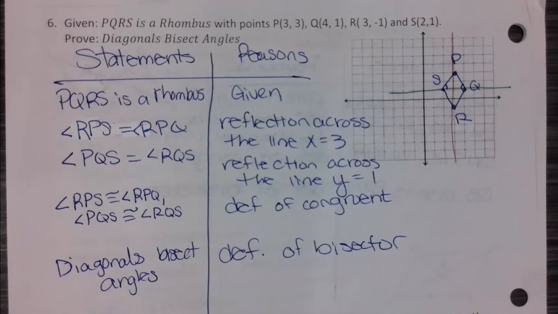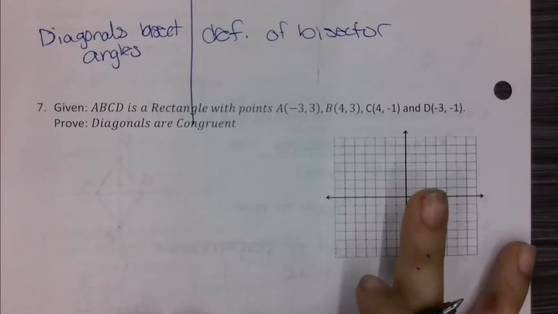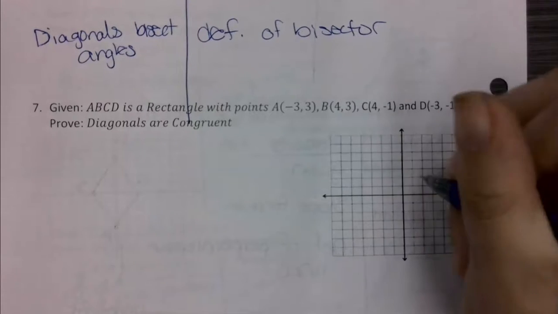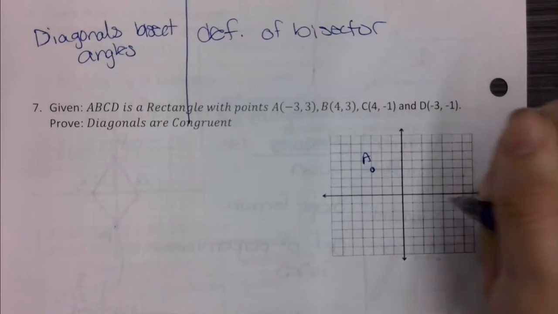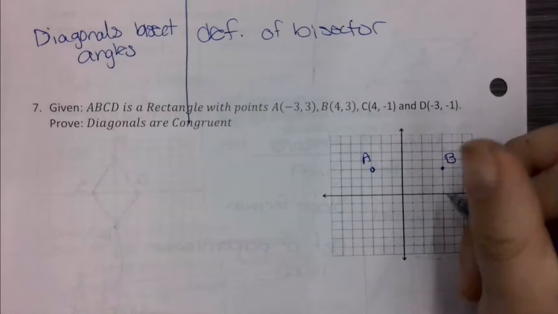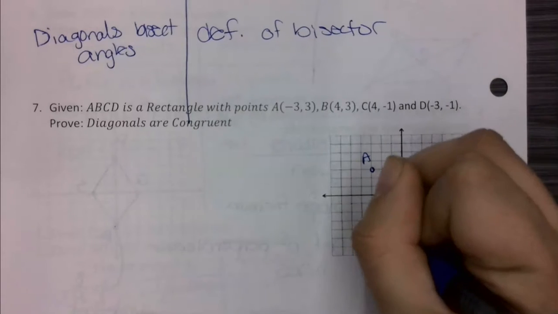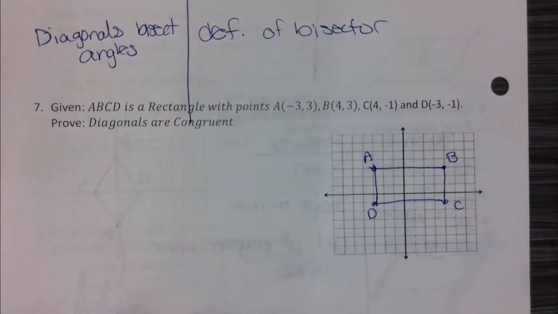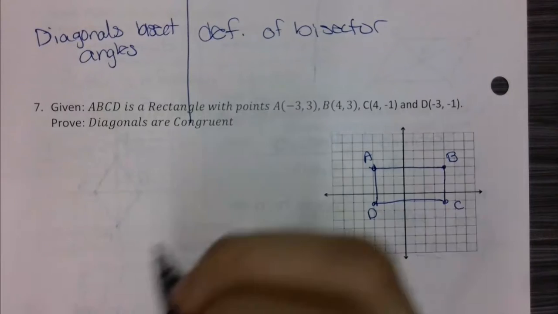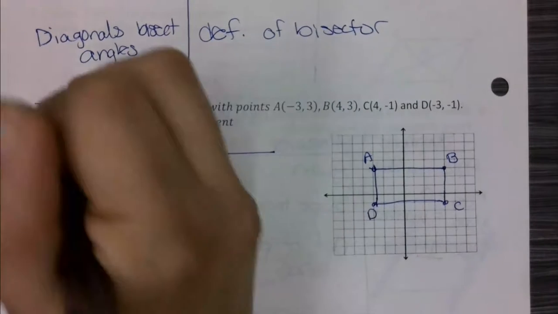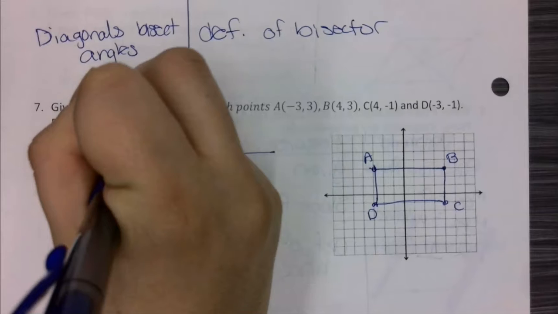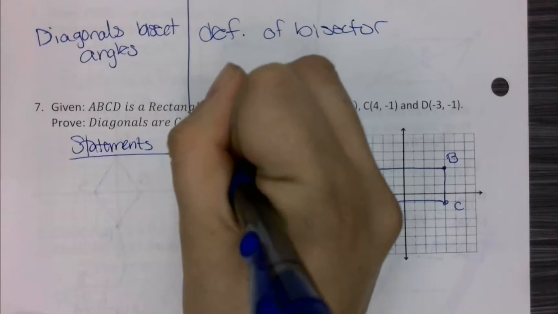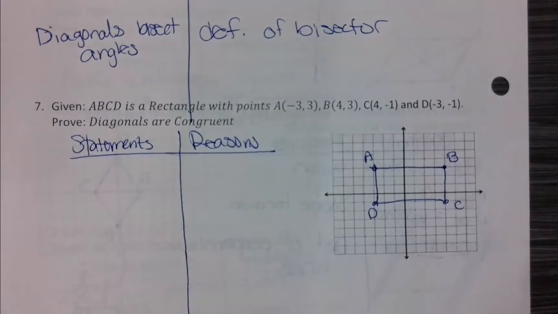Okay, can I move on? Okay, this is the last one. So I want to plot my points. This one is a rectangle, and it wants me to prove that my diagonals are congruent.